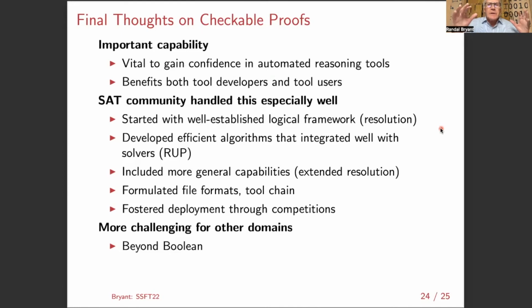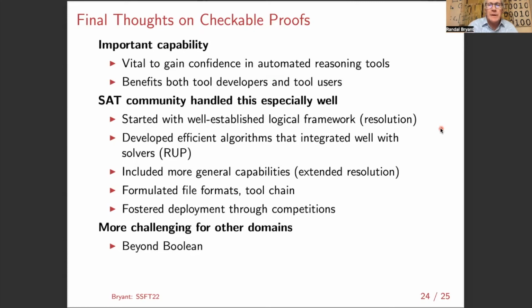Going beyond this, looking at more the big picture, I think this idea of producing checkable proofs is extremely powerful. I've worked in formal verification for many years, and I've always had this sense of, we claim we formally verified something, but how sure can we really be?